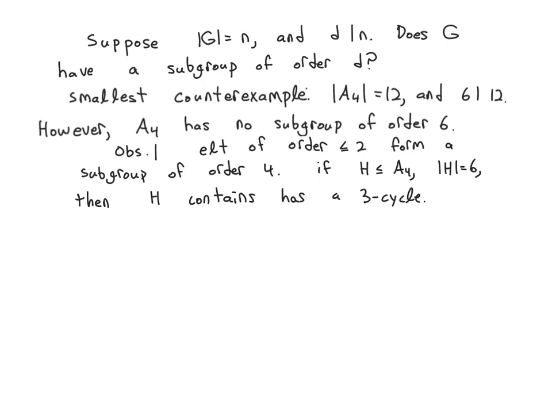Alright, so this is an attempt at a proof by contradiction. We're supposing we have a subgroup of order 6. We see that it can't consist of elements of order at most 2 alone. It has to have at least 1 3-cycle. I'm going to look at what happens when it has 2 3-cycles.